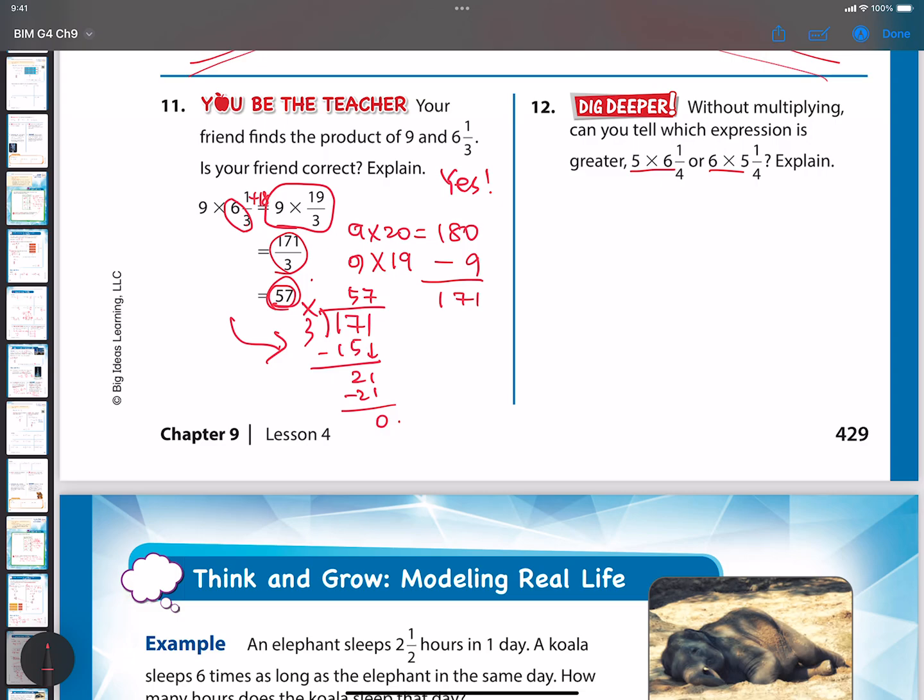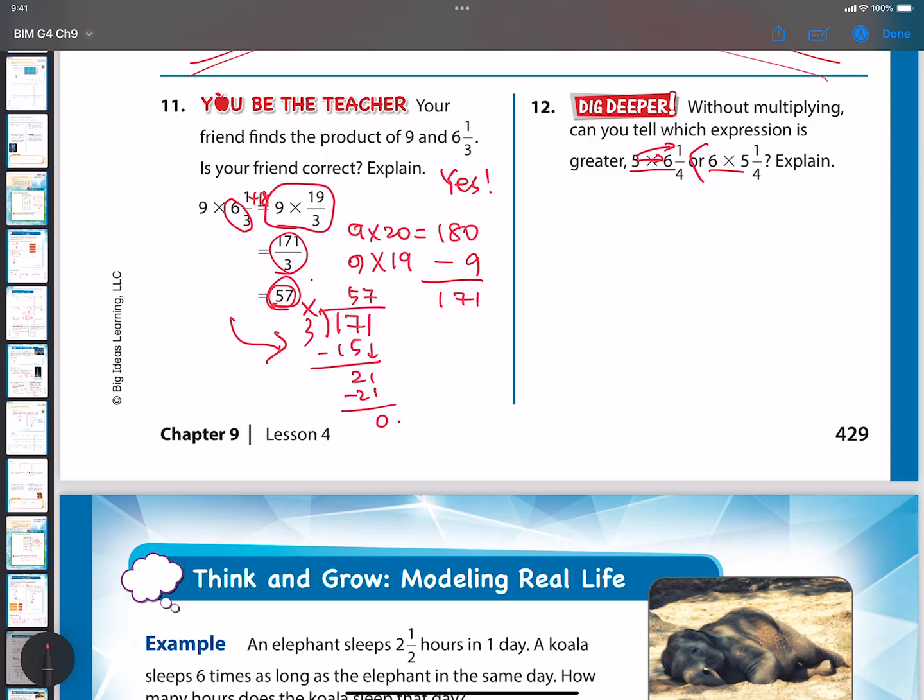So look at this. We know already 6 times 5 and 5 times 6 are the same, equal, right? And the matter is what now? 5 times 1 over 4, because we know we are going to distribute, versus 6 times 1 over 4. Which is greater? 5 over 4 versus 6 over 4. Yes, 6 over 4 is greater.